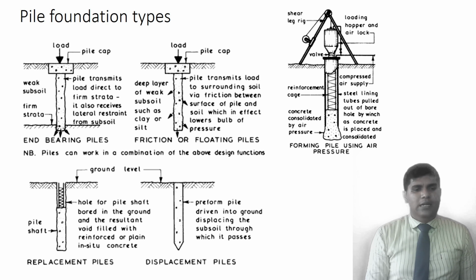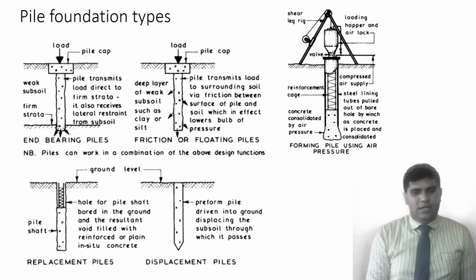And replacement piles or non-displacement piles are widely used in the construction industry because we set out the pile location and drill the holes, and all the pile construction works are carried out at the site.